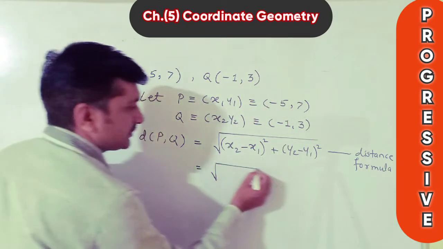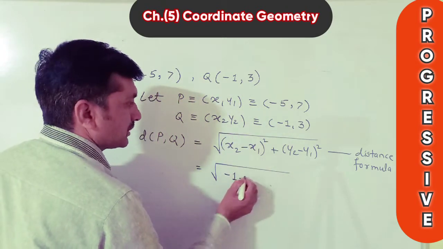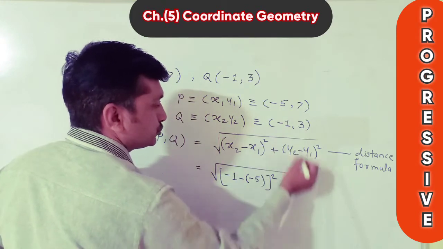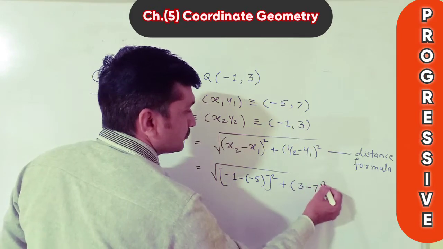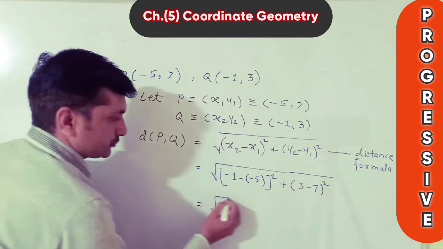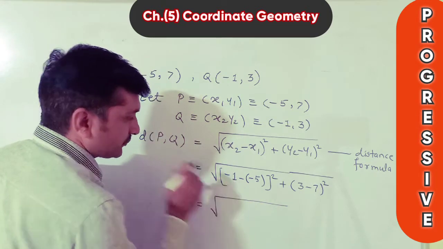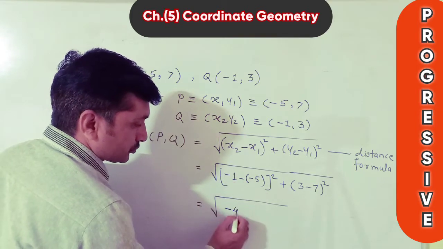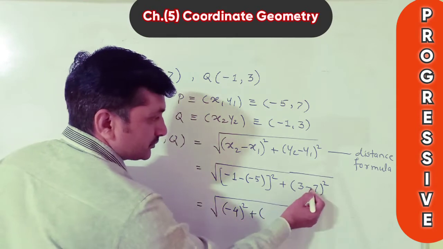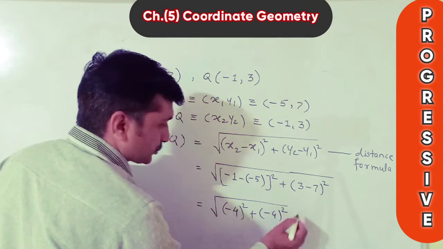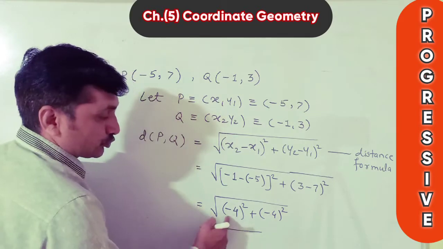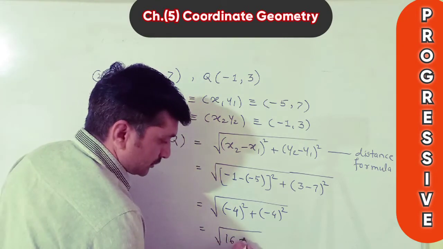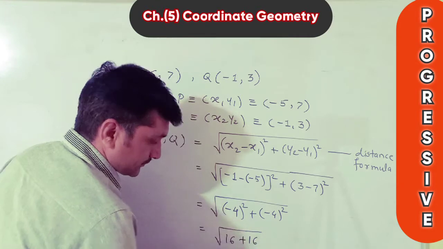Now put the values, it is easy now. (x2 minus 1 minus x1 minus 5) whole square, plus (y2 3 minus y1 7) whole square is equal to, now minus 1 plus 5, we can write directly, 4, bracket square, plus 3 minus 7, minus 4, bracket square is equal to the square of 4, 4 fours are 16, positive, square is always positive, plus here also minus 4 square, 16.